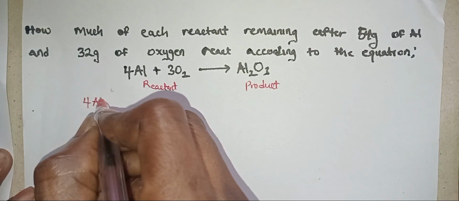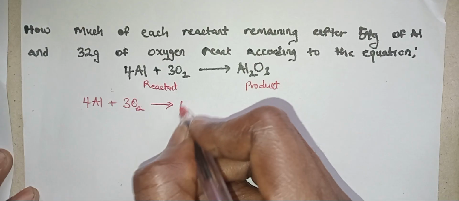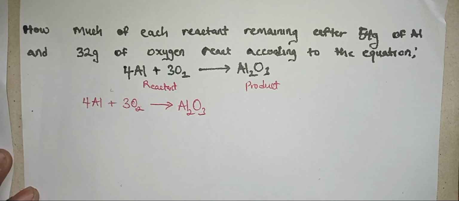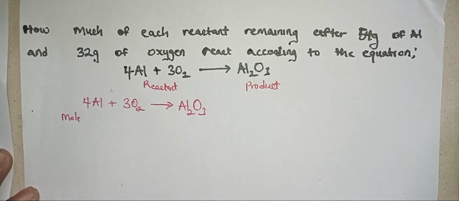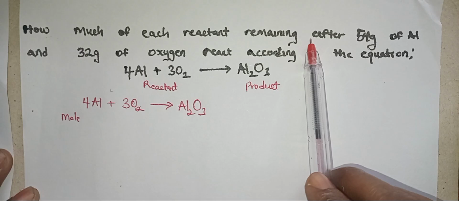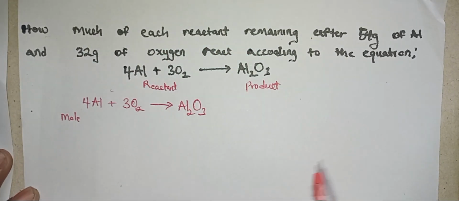We have 4 Al react with 3 mole of O2 to produce Al2O3. According to the question, they didn't ask us to find the limiting reagent or excess reagent. They said how much of each reactant will remain after the chemical reaction. But for us to get that, we have to first find the limiting reagent and the excess reagent.